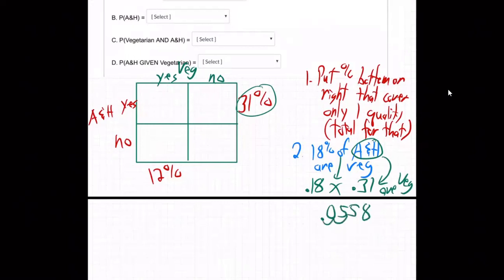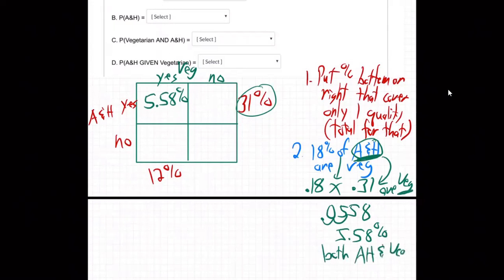Change it to a percentage. Move it 2 places. 5.58%. So where's that go? That goes right here. How did I know it goes right here? Well, they're A and H and they're vegetarian. They're both. This is both A and H and vegetarian.